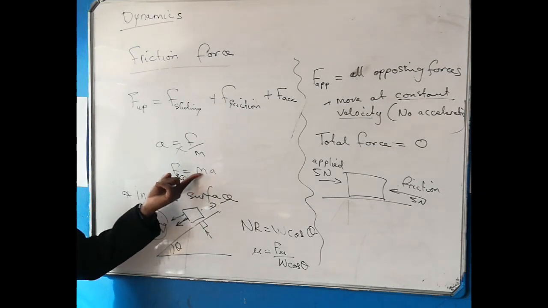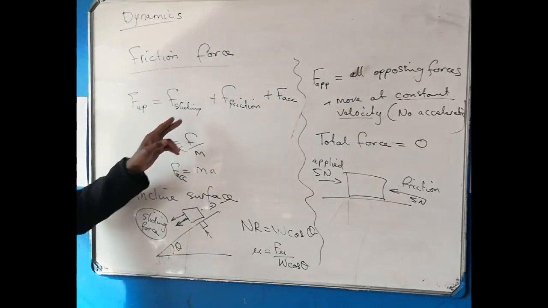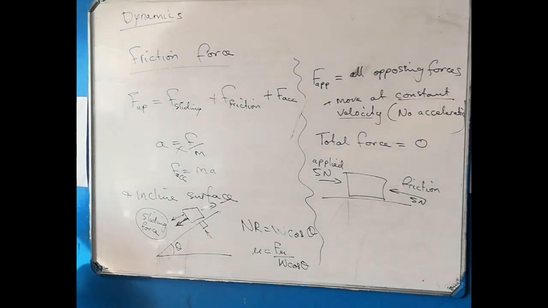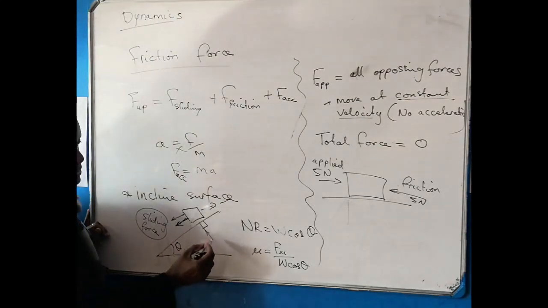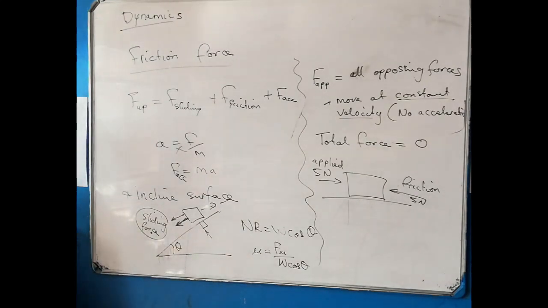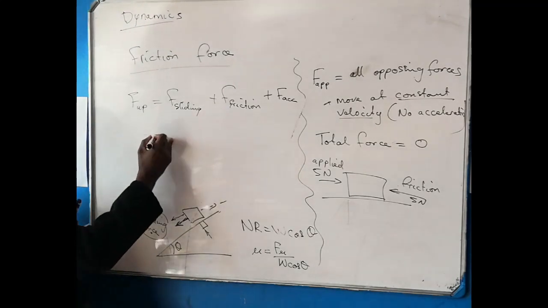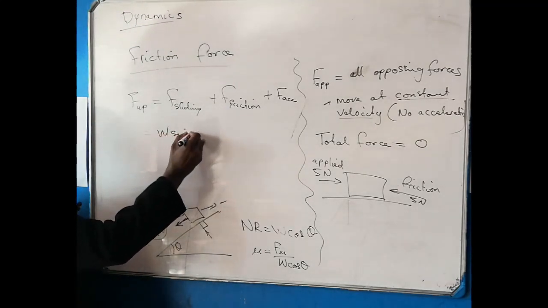Mass of an object in what units? Mass in kgs, acceleration in what? Meters per second squared. Your sliding force, which we have already established, will be the weight sine theta.